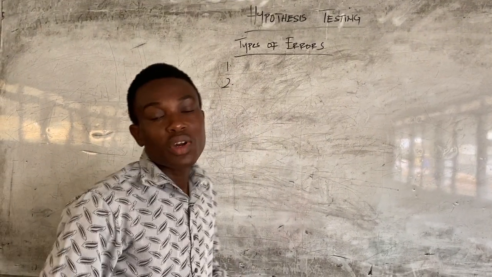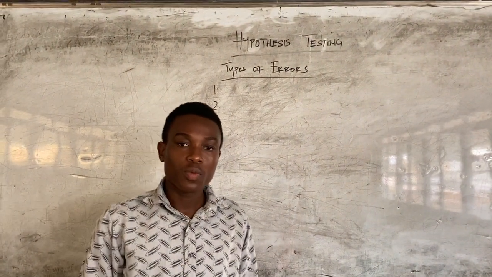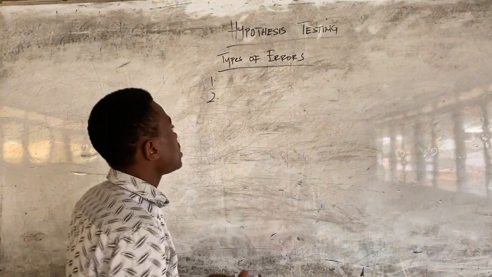There are two types of errors in hypothesis testing. The first one is type 1 error, and then the second one is type 2 error. Let's begin with the first.